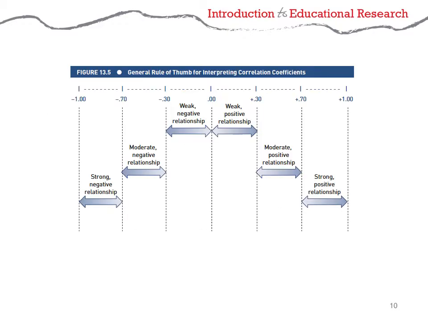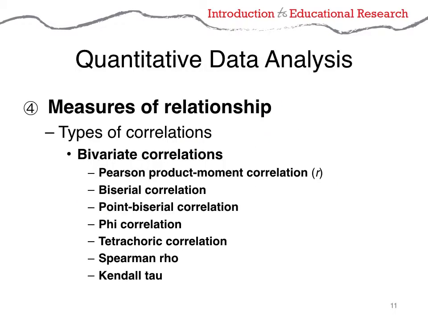And so you can see this general rule of thumb for interpreting correlation coefficients. Anything that's weak is going to be between 0 and 0.3. Moderate relationships are 0.3 to 0.7, and strong relationships are 0.7 to 1.0. That's just a general rule of thumb.